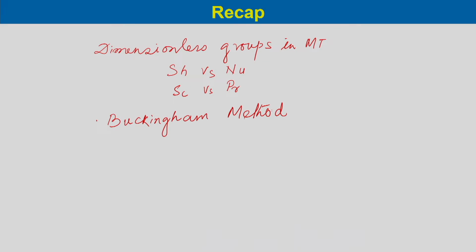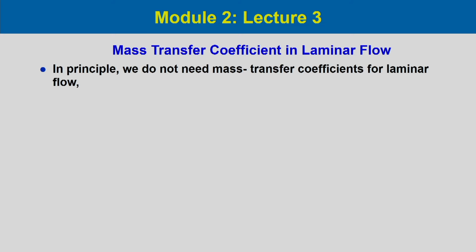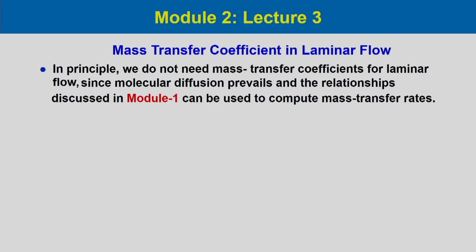In this lecture, we will discuss the mass transfer coefficient in laminar flow condition. In principle, if we consider laminar flow where the diffusion takes place under laminar flow condition, we do not need to study the mass transfer coefficient separately, because we have already discussed molecular diffusion in module 1, which can be used to compute the mass transfer coefficient.